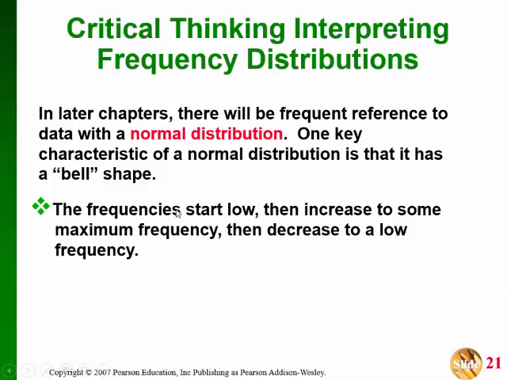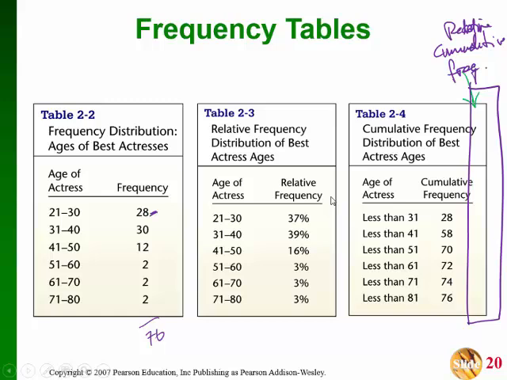Now I want 58 divided by 76 on the calculator for somebody. 76%. Now, one thing to notice, it's cumulative, right? So we're adding on to it, which means these numbers are going to get higher and higher.